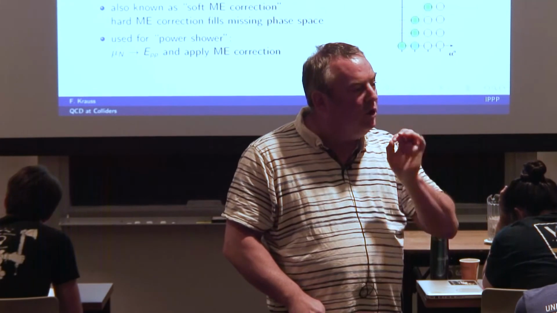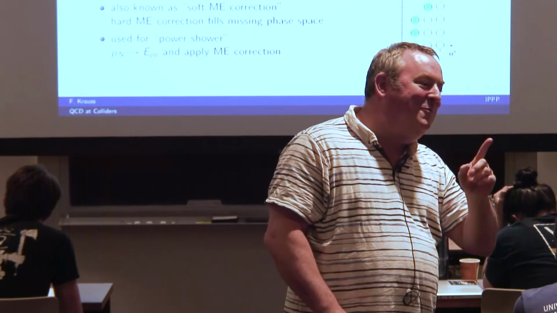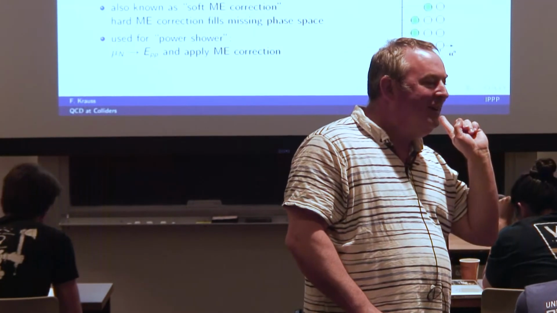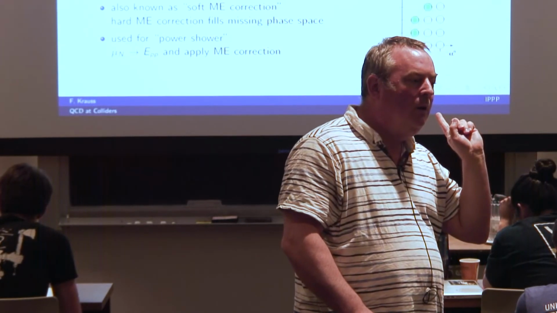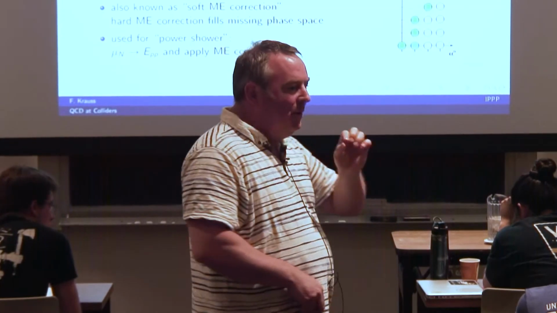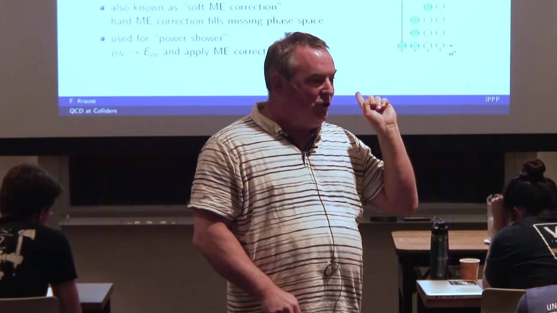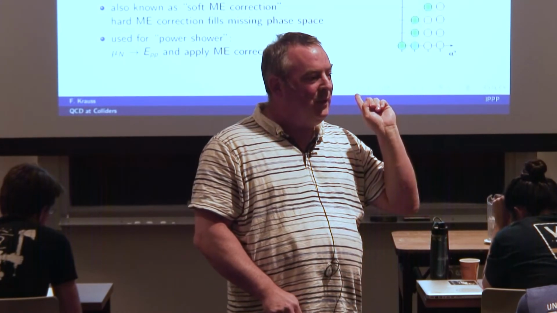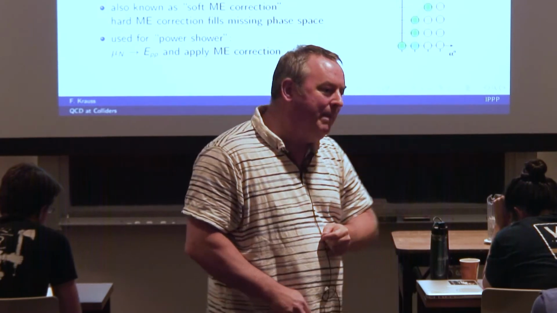The not so simple answer is, if you wait 2 more minutes, I'll show you how to get the next leading order included as well, which is nice, but you will see that the simplest way of getting the next leading order in is pretty much just matrix element reweighting and getting the factor in the calculation right. Okay.